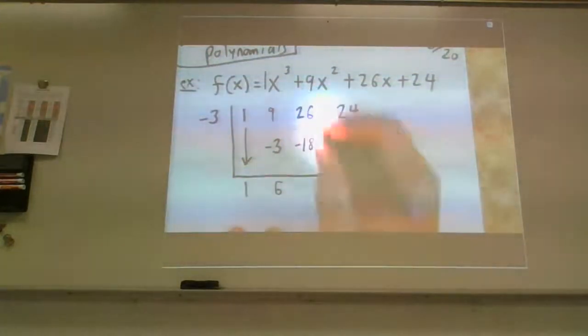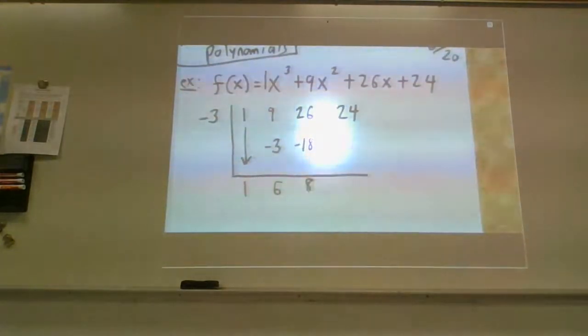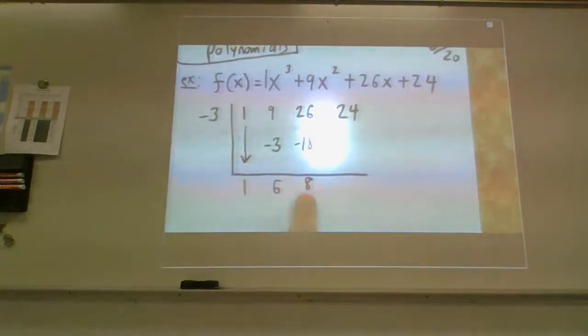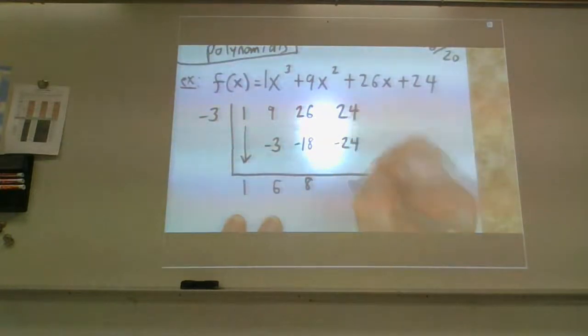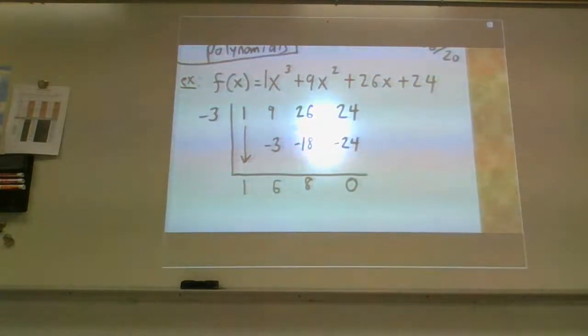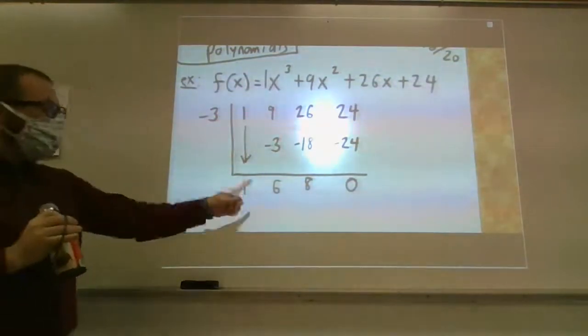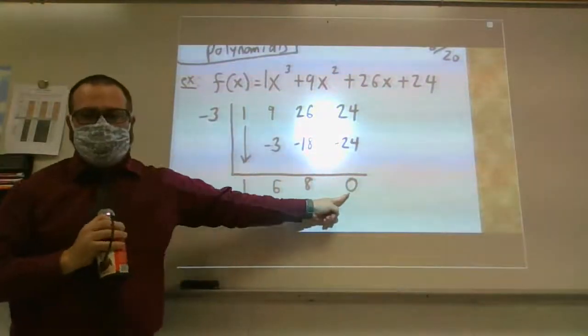Add them vertically. I get an 8. I can already see that it's going to work. 8 times -3. Add them vertically. I'm going to get a 0. It worked. Now, this proves so many things.